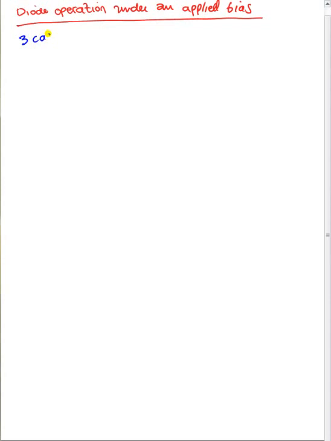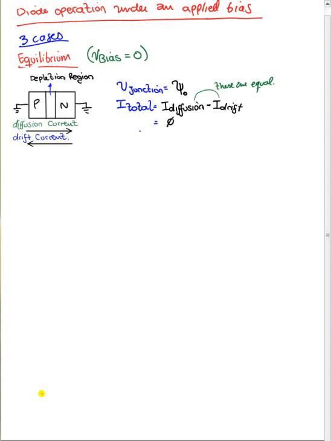The first one we'll call the equilibrium case, which is just the conditions under basically no applied bias, or bias equal to 0.